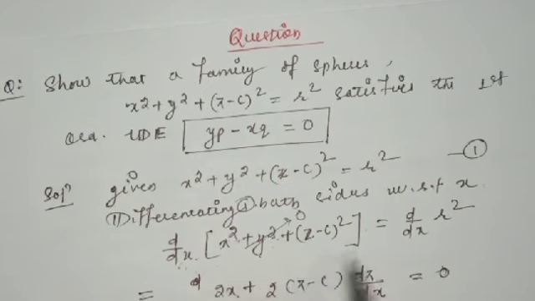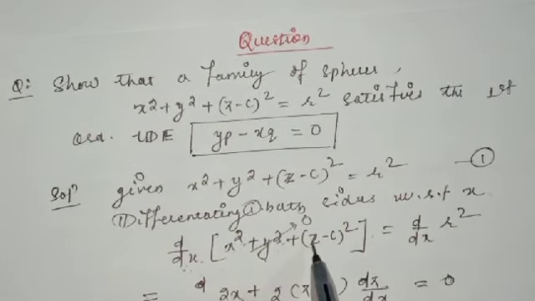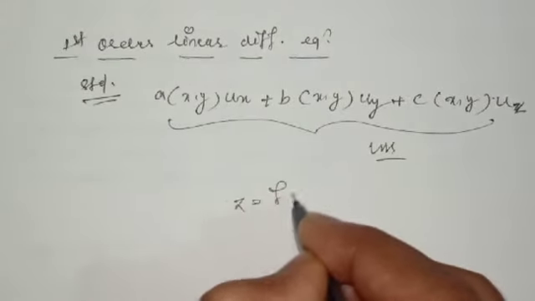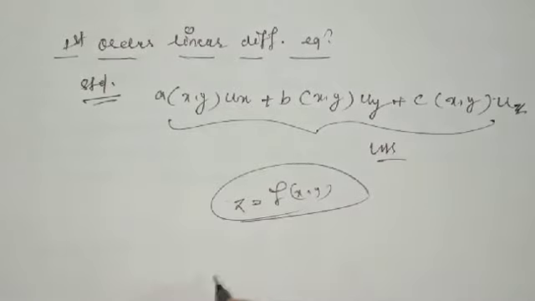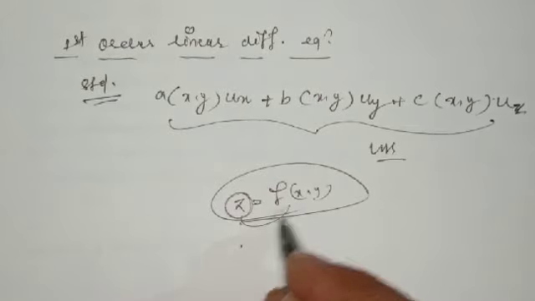Why am I writing this here? Because, students, you may have a question: why, sir, did we get the derivative of (z minus c) whole square? The main thing is, z is a function which contains both x and y. In most cases, z is equal to f(x,y), you all know, so z is a function that contains both x and y.